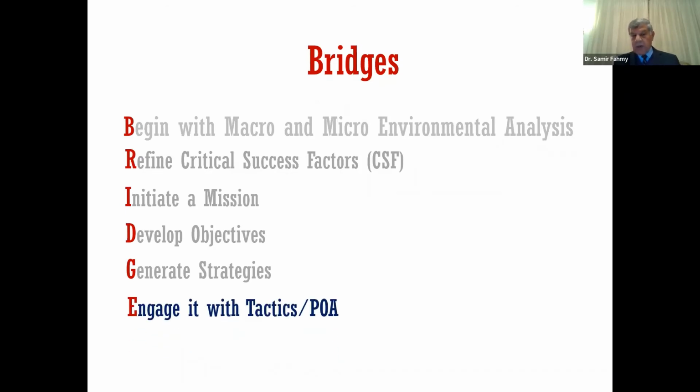And now we came to when we already have all the steps together. And then we said objectives are coming from the critical success factors. Critical success factors were taken from the macro and the micro environmental analysis.